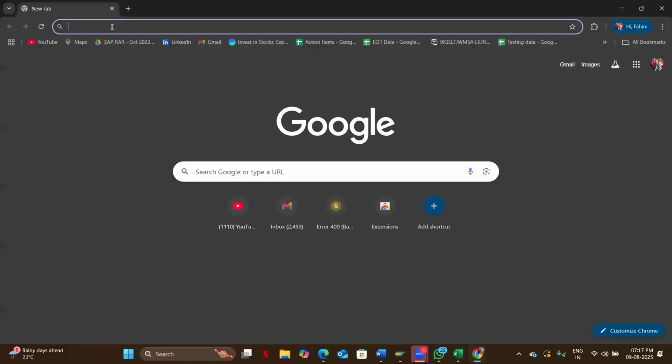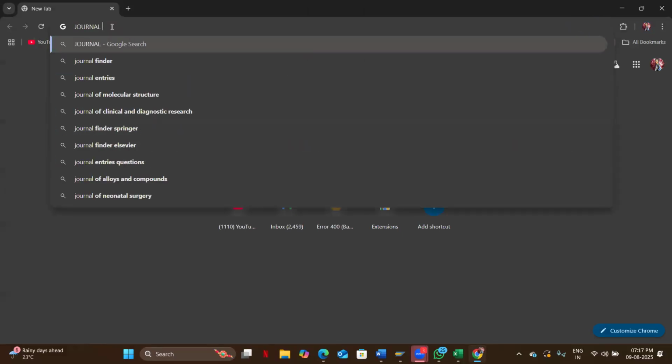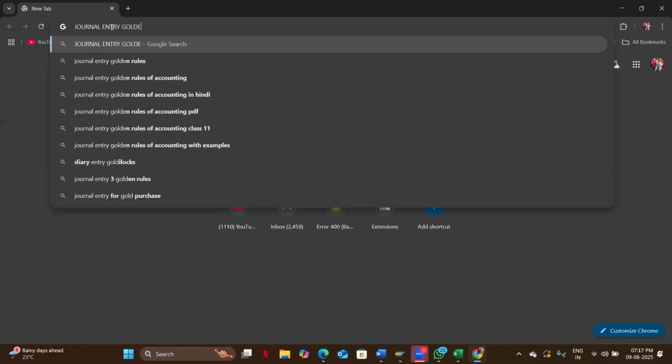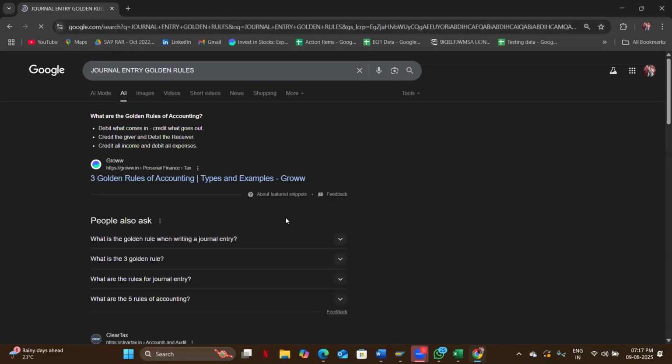Here we are providing services to the customer. This is the three golden rules: debit what comes in, credit what goes out; credit the giver and debit the receiver; and credit all incomes and expenses.